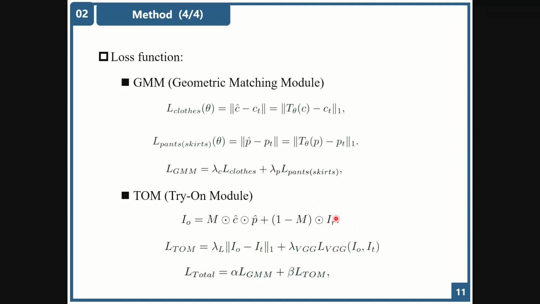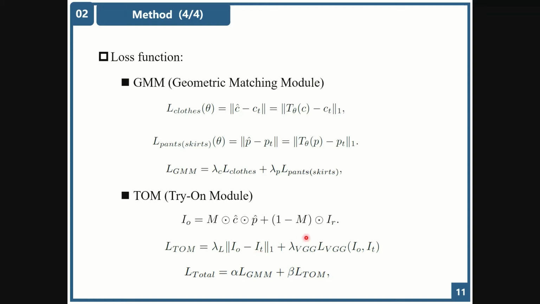And I_R is the rendered person images from the dataset, and M is the mask from the ground truth. So the total TOM loss function is the L1 loss between the output try-on images I_O and I_T, which means ground truth.